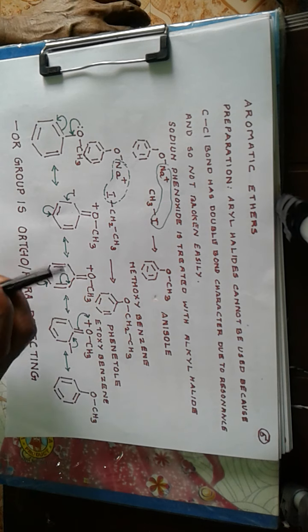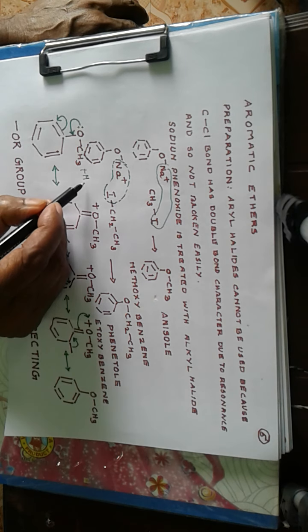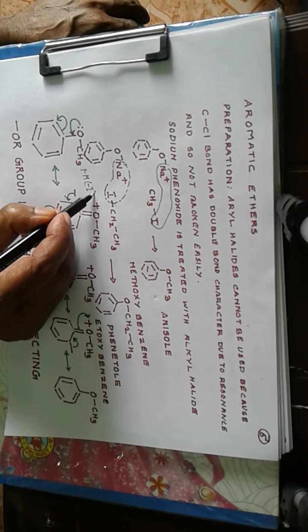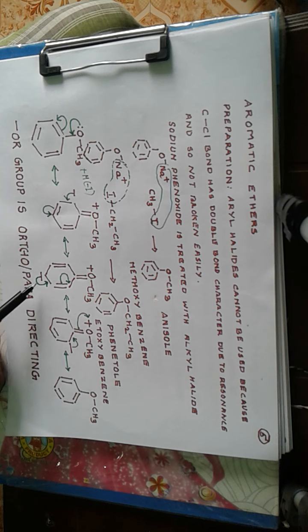Now the methoxy group is electron donating, meaning it shows a plus M effect. There is a weak minus I effect also. Now the plus M effect is important, so that electron density accumulates in the ortho and para positions.